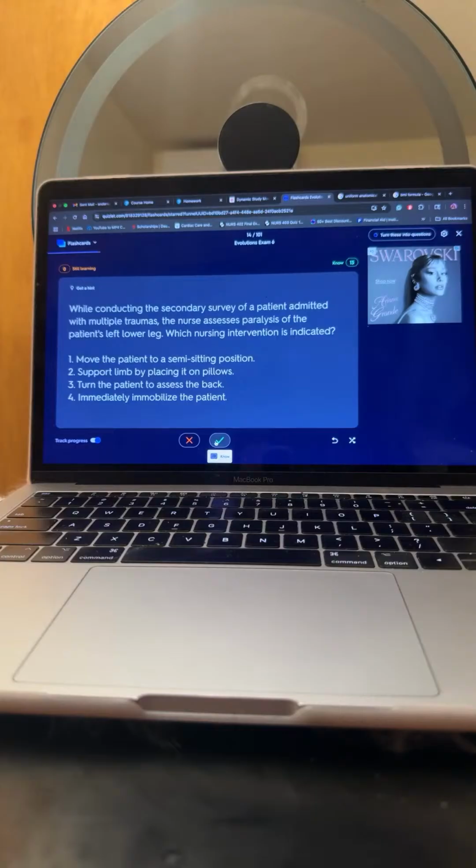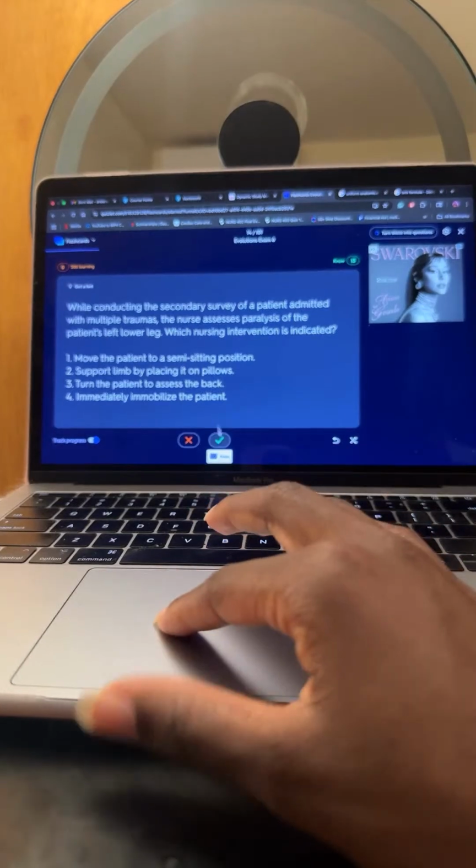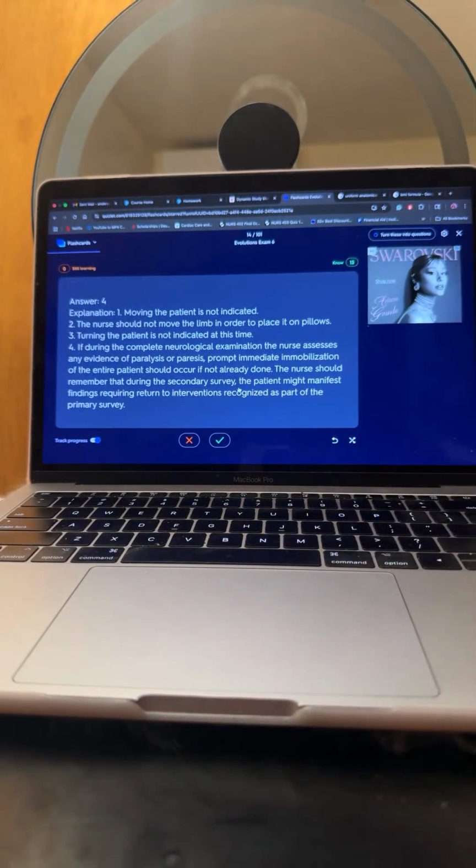You want to immediately immobilize the patient. Stop what you're doing. If during the complete neural exam the nurse assesses any evidence of paralysis or paresis, prompt immobilization of the entire patient should occur if not already done.